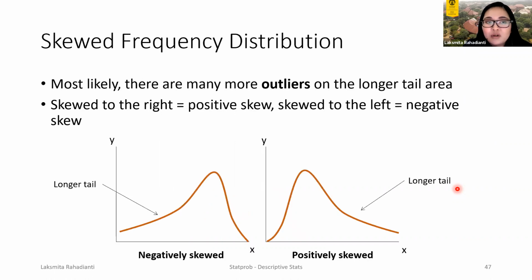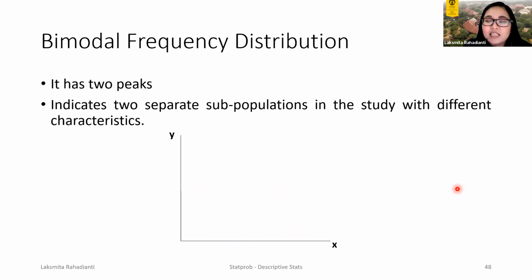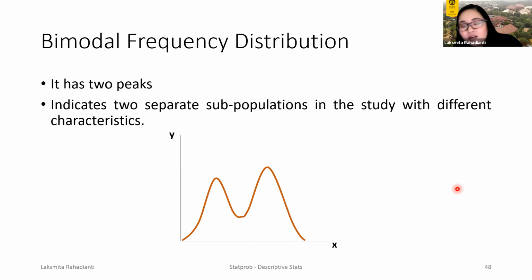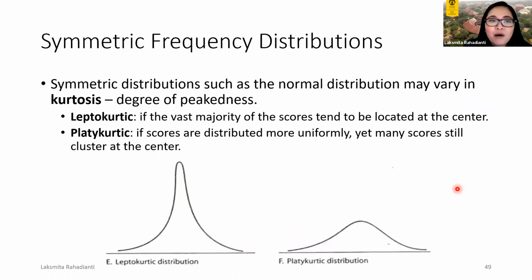If the skewed frequency distribution is a normal distribution that is slightly pushed to the right or to the left, now we have a symmetric frequency distribution that doesn't skew to the left or right, but is slightly pushed together or slightly pulled apart.